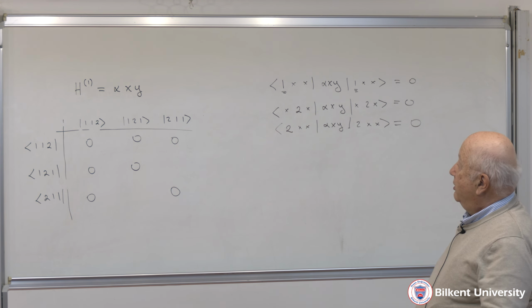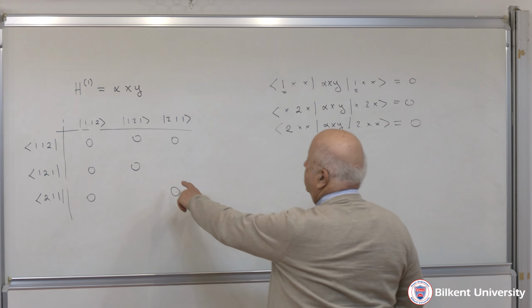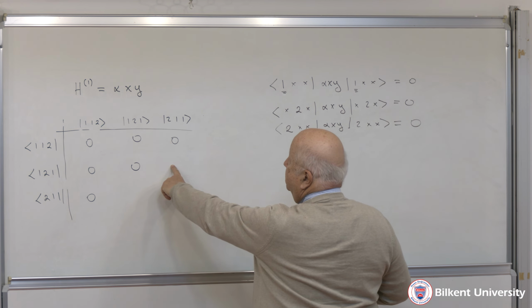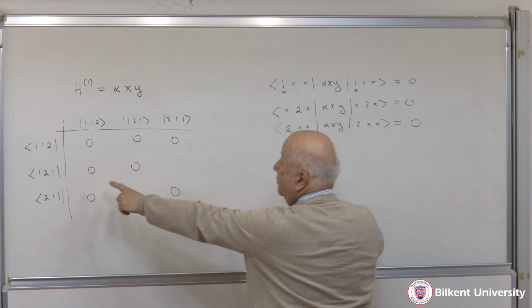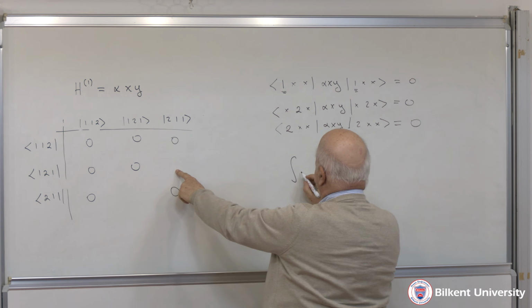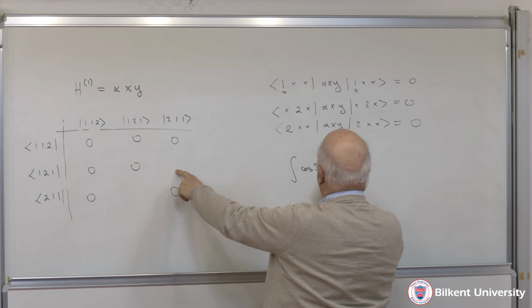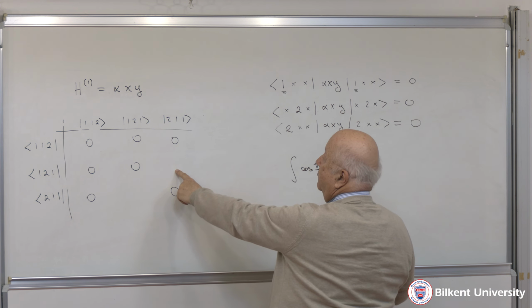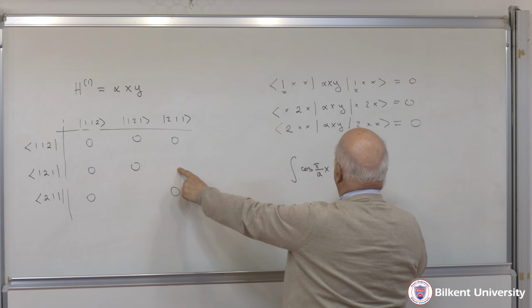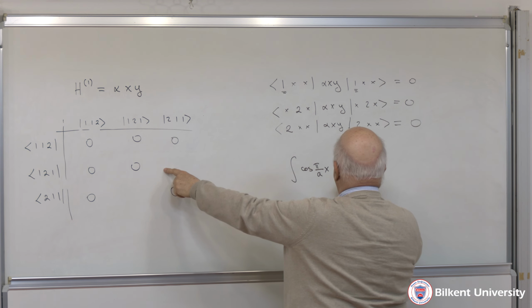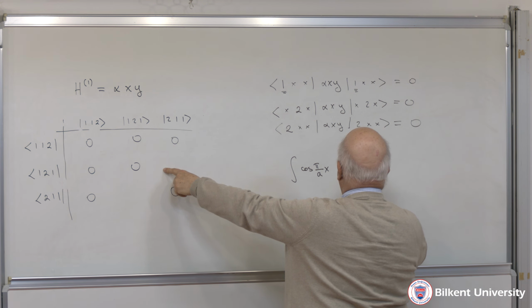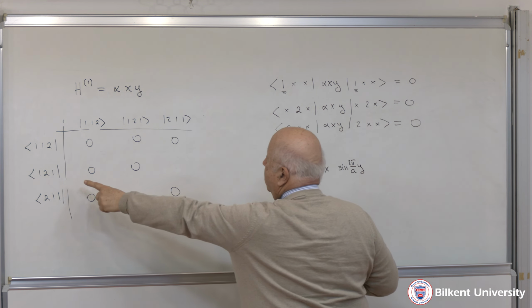So in fact, let's just look at what those things are. This is something which looks like 1, so it's going to be cosine pi over a x. And there's a 2 here, so it's going to be sine 2 pi over a y.